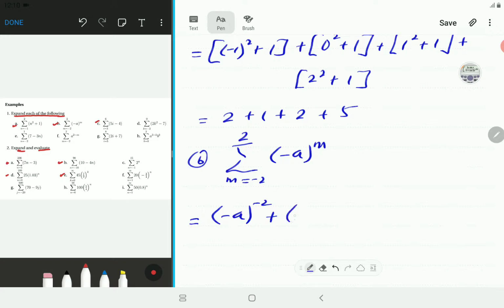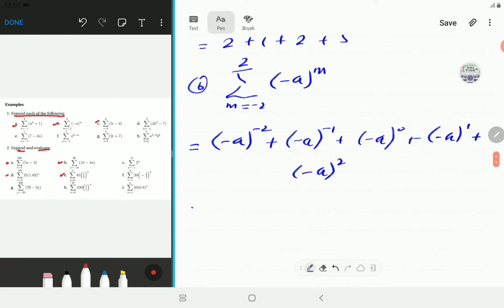Then plus for the second value, the next integer is -1. Then the next integer is 0. After that, 1. And then the last one is going to be (-a) squared.